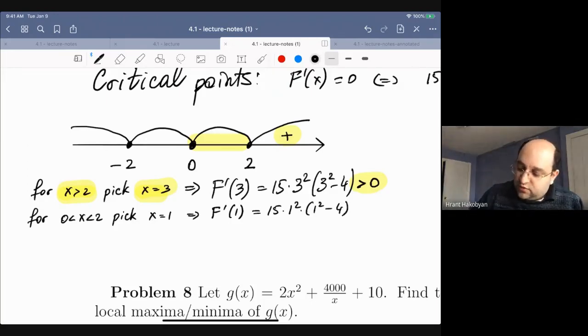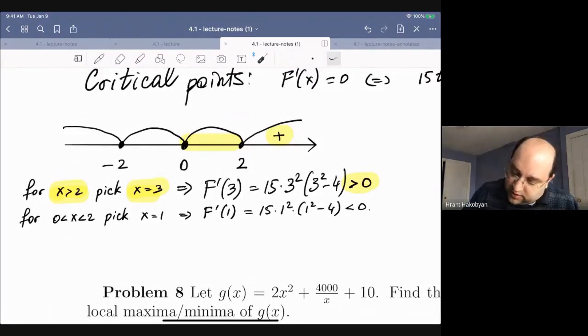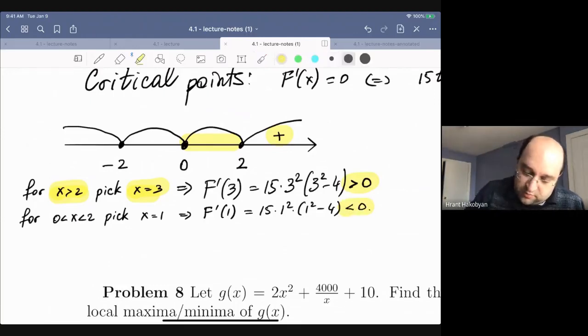Okay? And if you look at this, this is clearly a negative number, right? Because I have 15 times 1 times negative 3. So it's just a negative number. So because it's negative, I'm going to put here a negative sign.